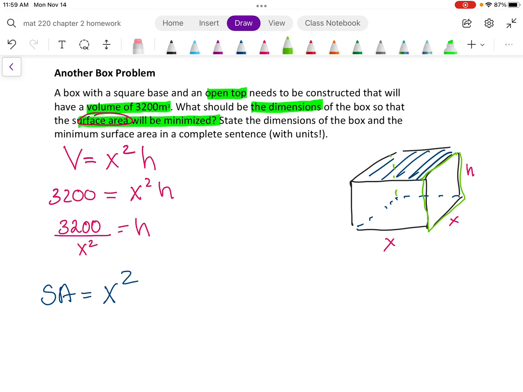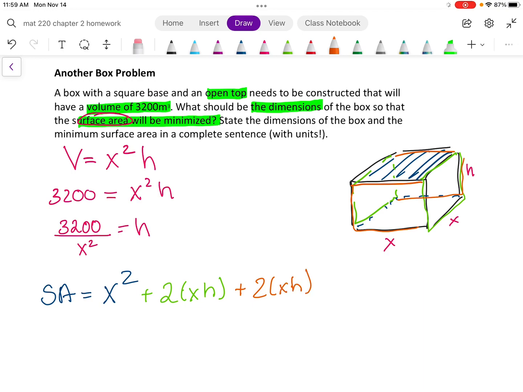And that would also be over here on this side of my box. So I have two x times h's. And if I go here in the front of my box and in the back of my box, that would be another x by h and an x by h. So I have another 2 times x times h sides.